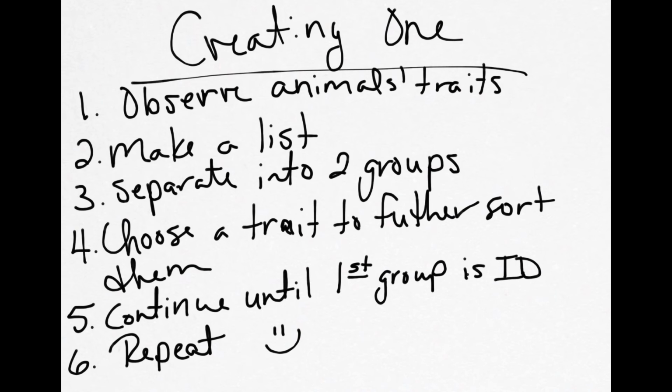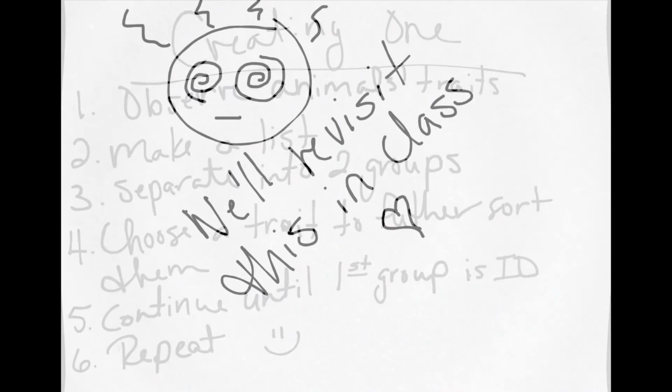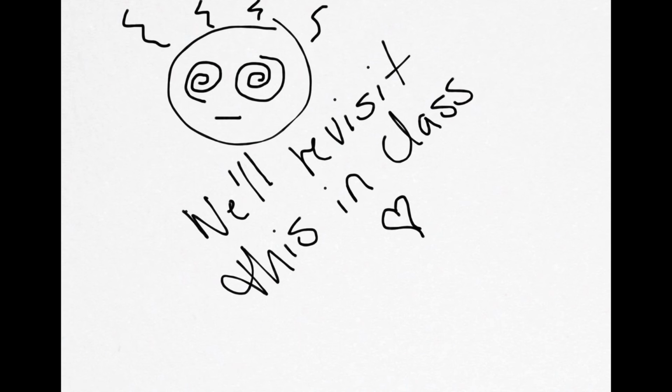I have identified two of my animals. Then you're going to go back and repeat the same steps over and over again until you get each of your animals identified. Again, it's going to seem a little bit complicated, but don't worry, we're going to revisit this in class together.